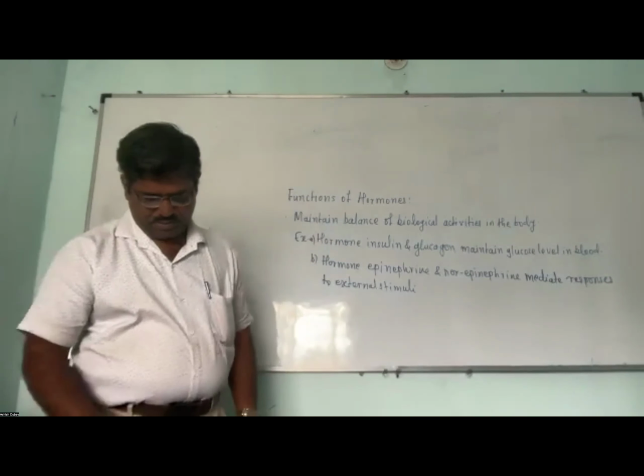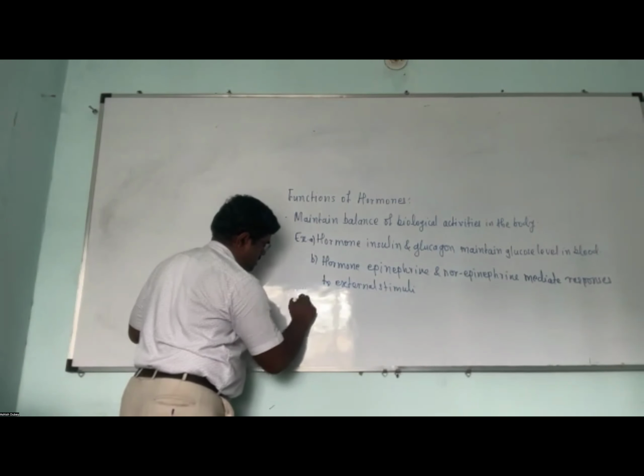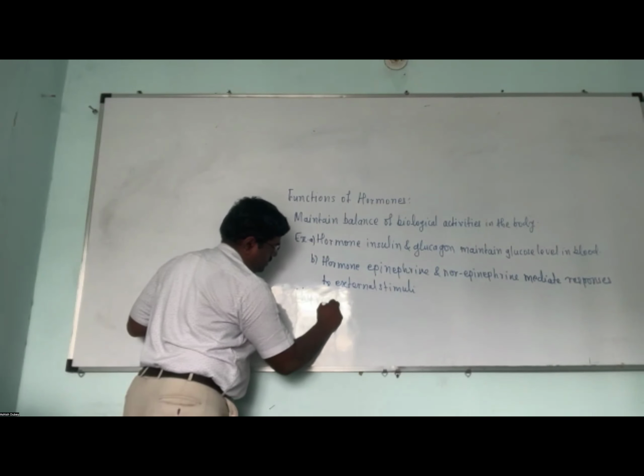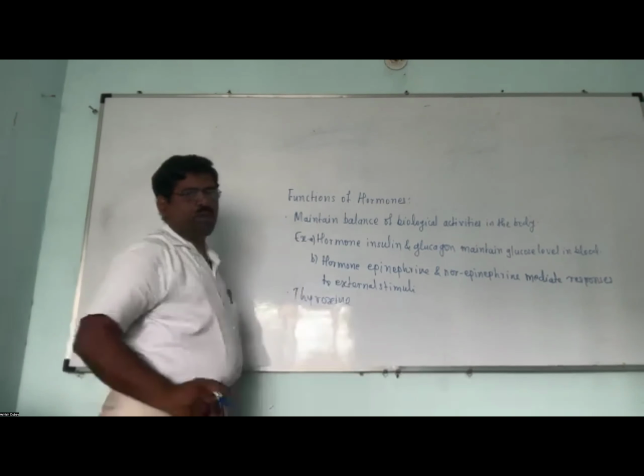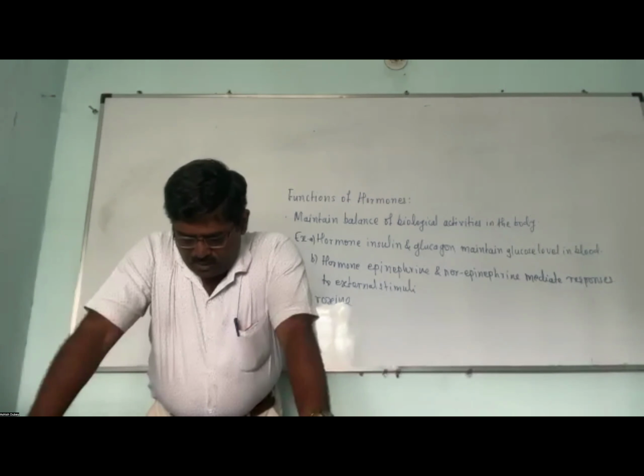The next, thyroxine, is another hormone that is produced in the thyroid gland.